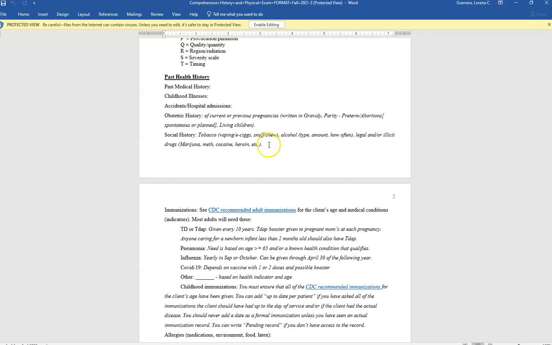Some transgendered individuals that have not had any actual surgical interventions done yet can still get pregnant, and they may look very much like a male, but they still have all the woman parts internally.